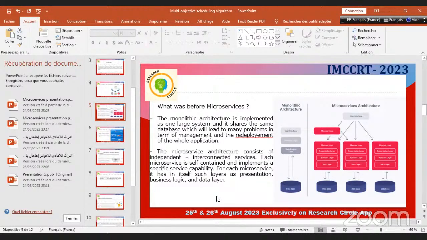It is not impossible, but the user will have a really long time to access the information. But with the use of microservices architecture, it will help the user to have the information, or the service, in a shorter time.